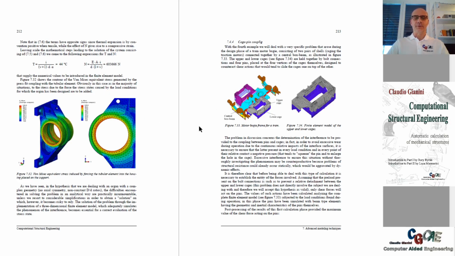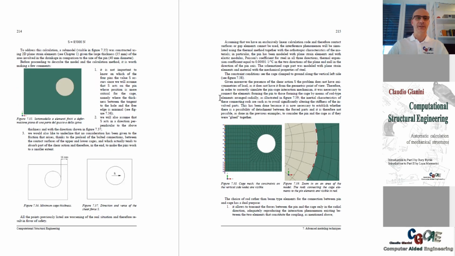Then another example, still coming from railways, where these two parts of the engine cage are connected through bolts, but also some pins to withstand the shear forces, and a local model has been extracted to study the condition both for the press fit and for the force acting on the pin, which tends to move the two cages one with respect to the other.